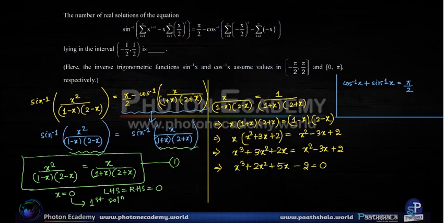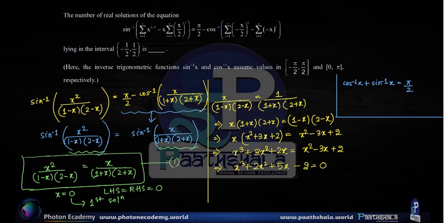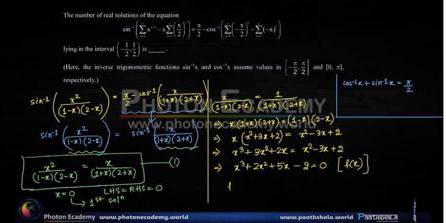Now we want to check if this is an increasing function or not. If this is an increasing function, then we can apply the root formula, that if there is a value of the function where it is negative and a value of the function where it is positive, then there must be at least 1 zero between those two values. To do that, we consider this as f of x, and we find f dash x, which is equal to 3x square plus 4x plus 5.